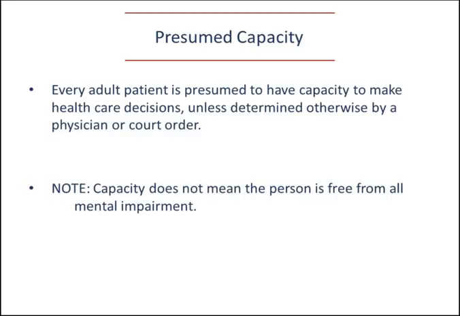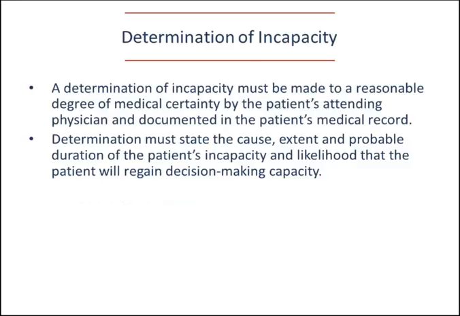That's a classic presentation that happens on psychiatric units. So just because a patient has a mental illness does not automatically mean that they do not have capacity to make decisions concerning treatment of all of their conditions.